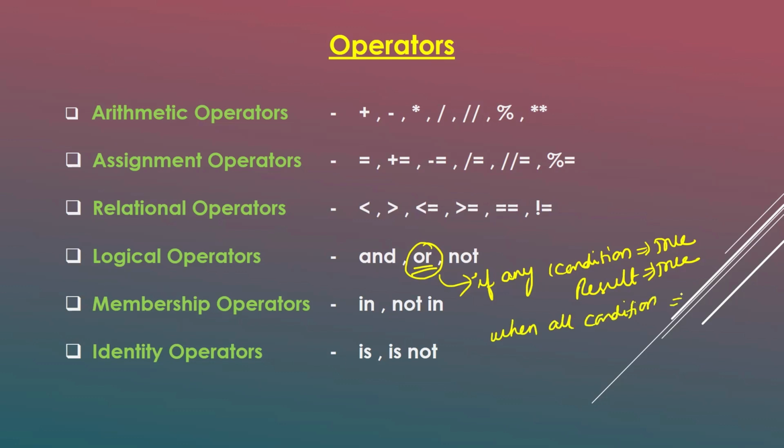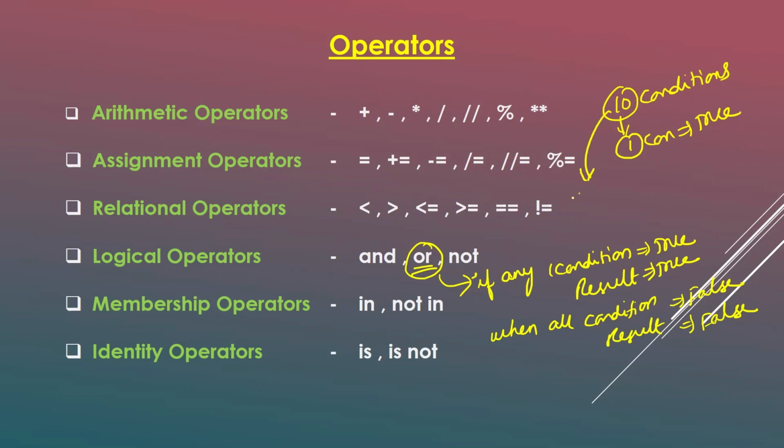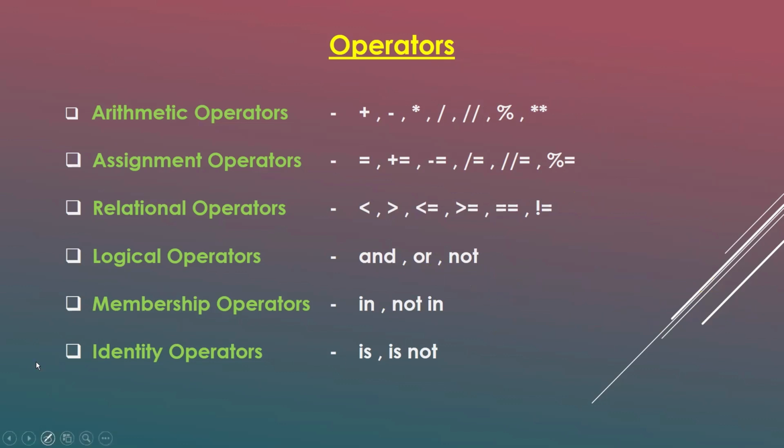That means if I have 10 conditions and one of them is true, then the complete output will be true. It returns false only if all 10 conditions are false. That is the meaning of the OR operator.